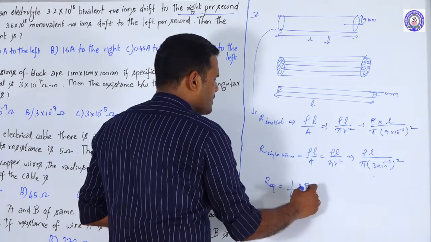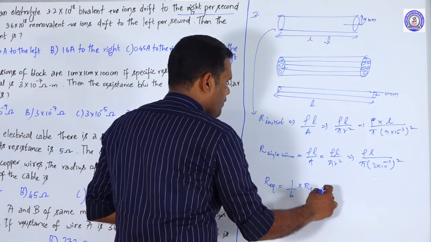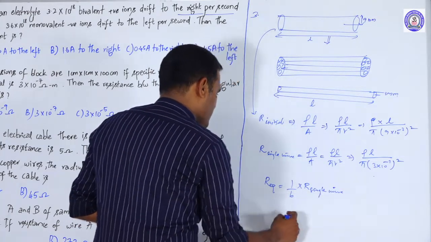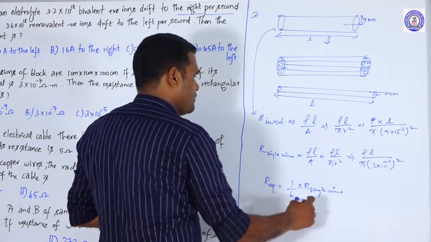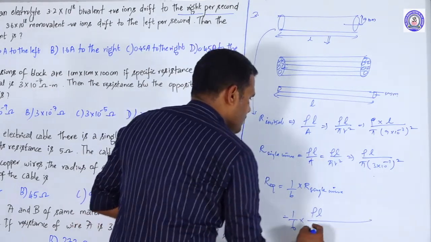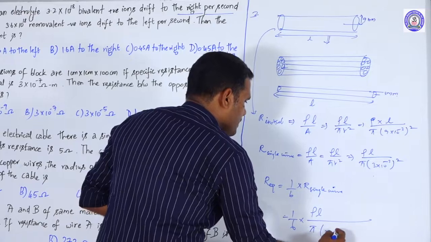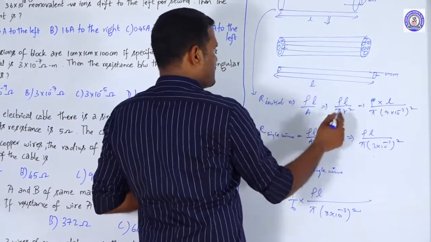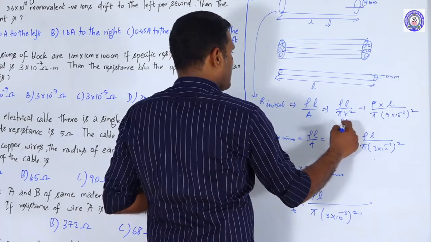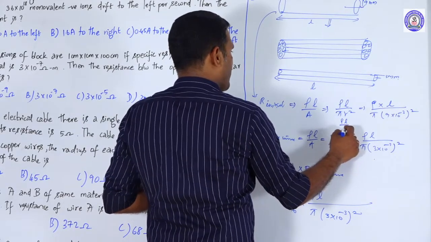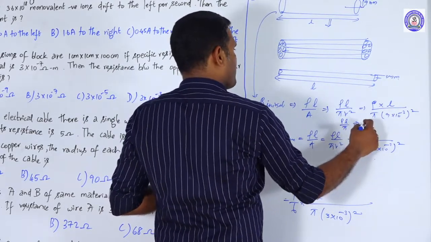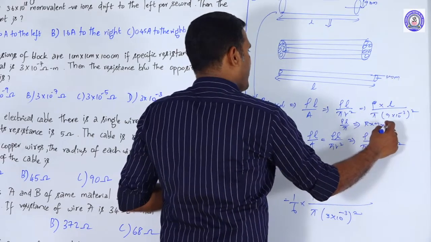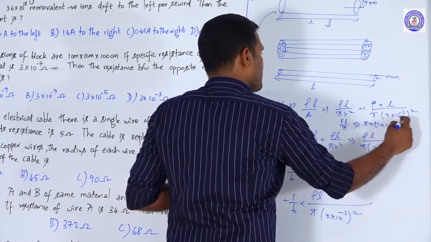So 1 by 6 times the resistance of the single wire. So 1 by 6 into rho L divided by pi into 3 into 10 power minus 3 the whole square. From the first expression, I can calculate rho L divided by pi as R into 9 into 10 power minus 3 the whole square.